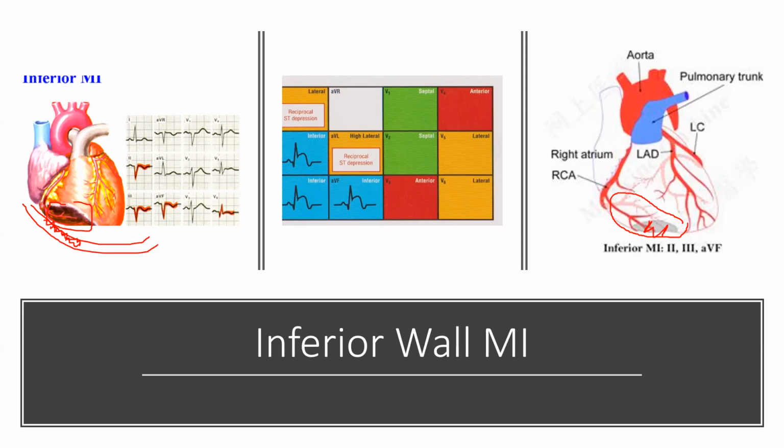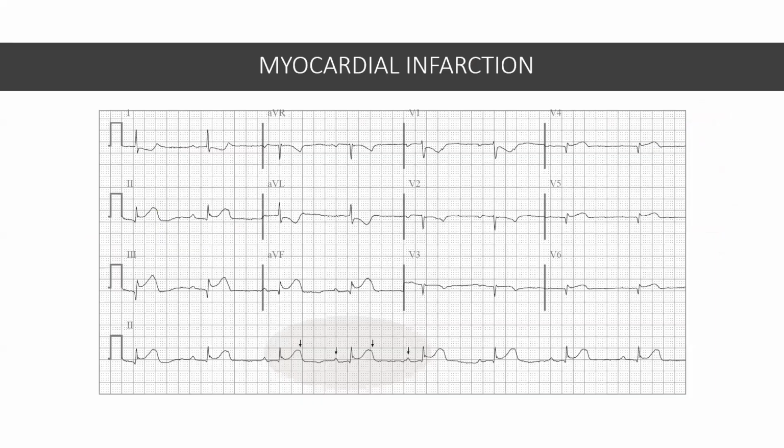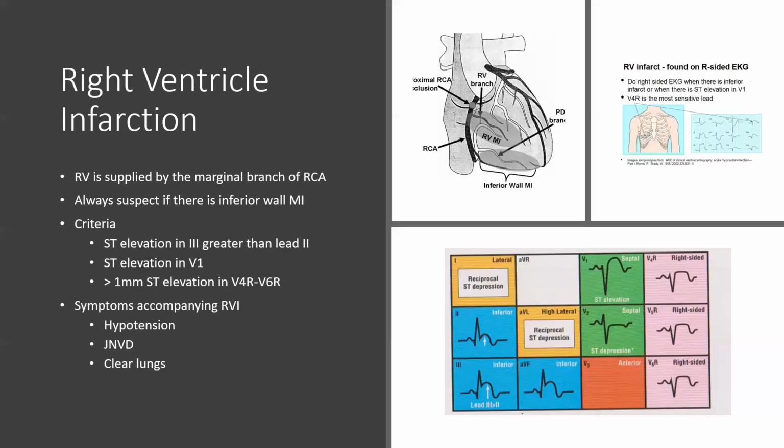So how do we diagnose if there is a myocardial infarction of the right ventricle? Well, this is the criteria. Most right ventricular infarctions occur in conjunction with inferior wall MIs, actually 97% of them to be exact.